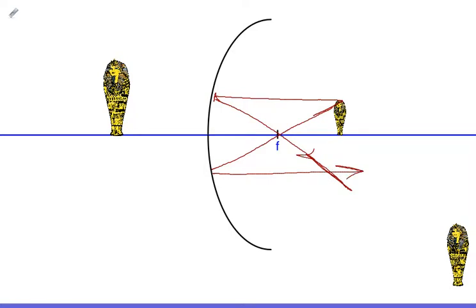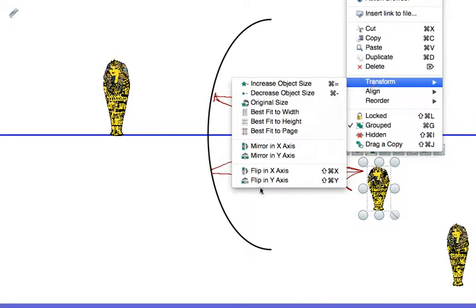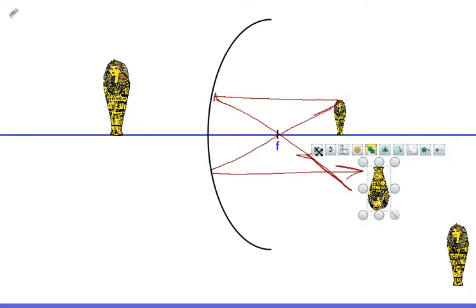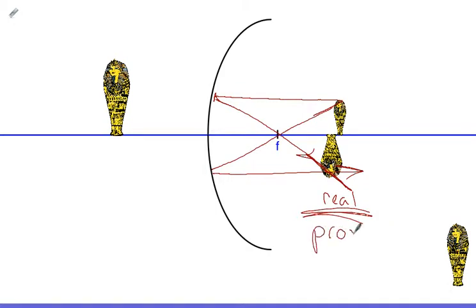So now I am going to make an image, and it's going to be upside down. Transform. Okay, so now it's going to be an upside down image. You might have noticed this looking at a curved spoon or something. This is a real image because it can be projected onto something.